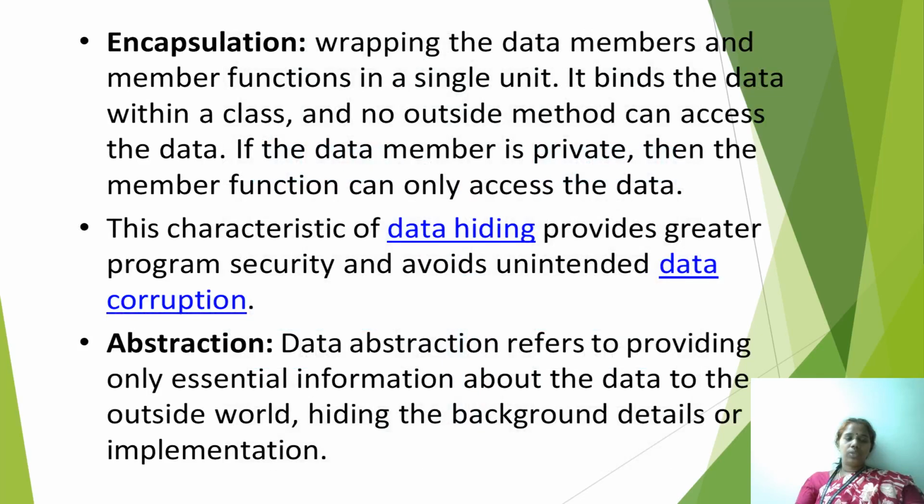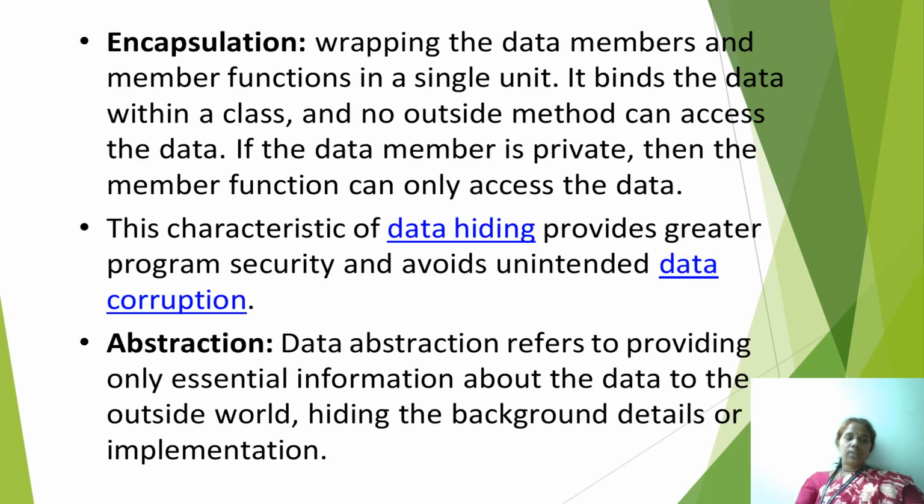The next object-oriented programming concept, encapsulation. Encapsulation is wrapping the data members and member functions in a single unit. That means it binds the data within the class and no outside method can access the data. If the data member is private, then only the member function can access the data.